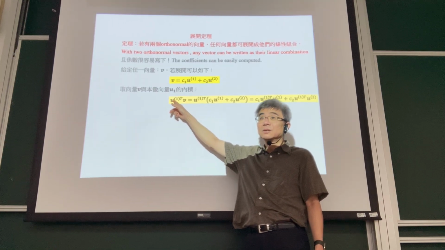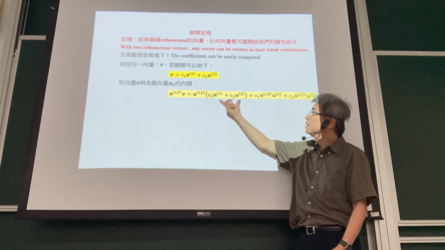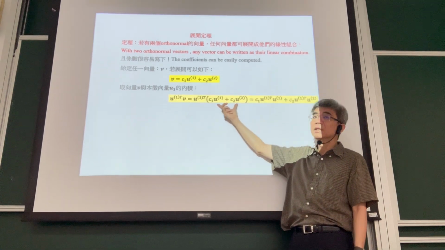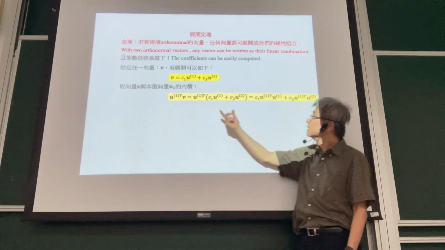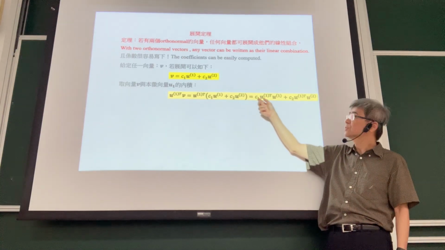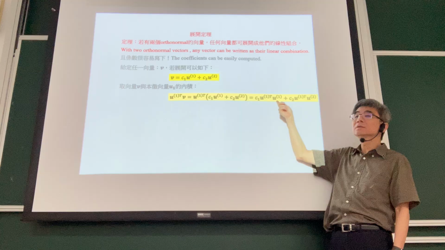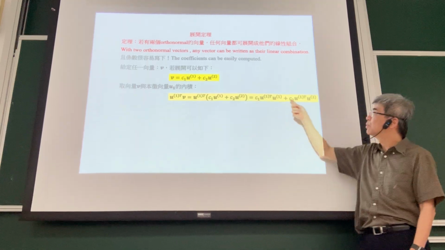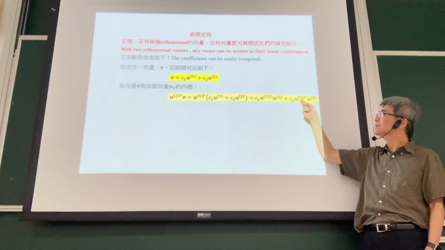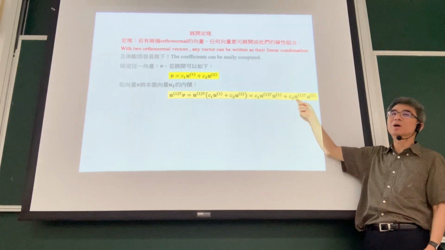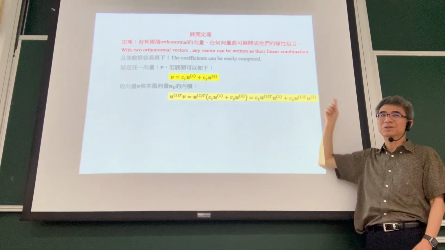Remember, if this V is decomposed in this way, and taking the inner product of this, then it could be written as C1 times U1 inner product U1 plus C2 times the inner product of U1 and U2.